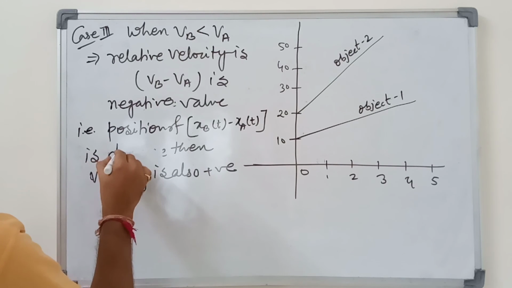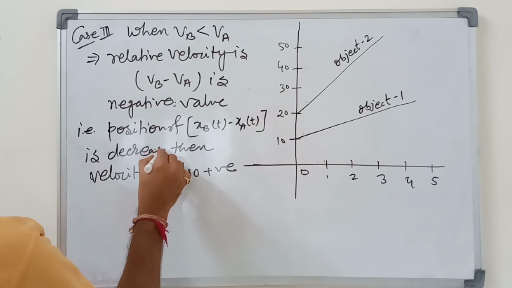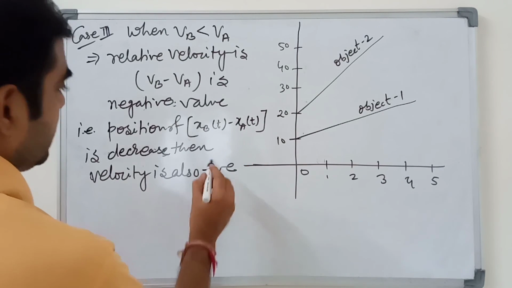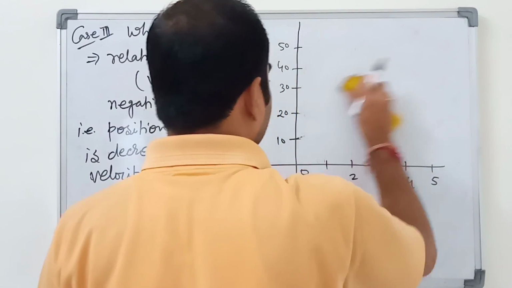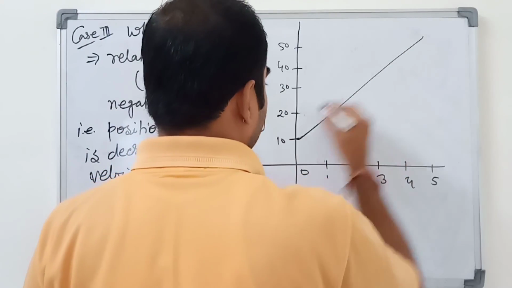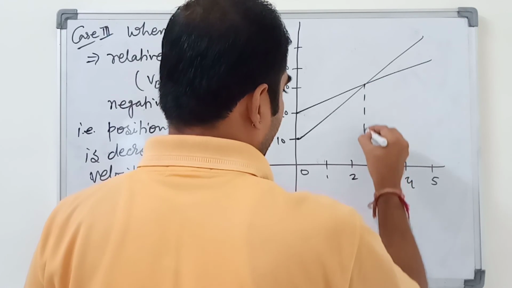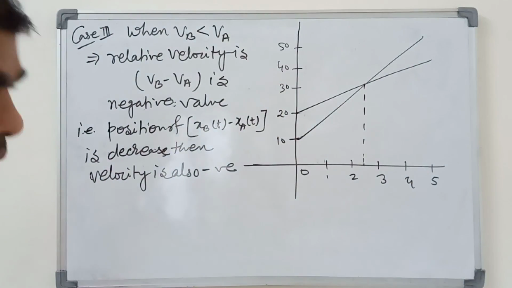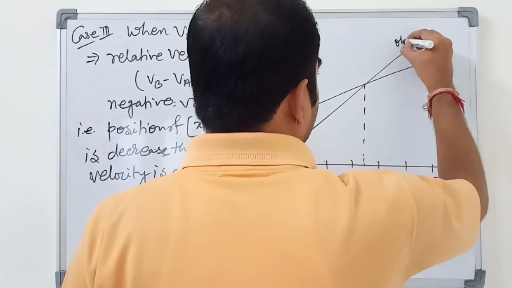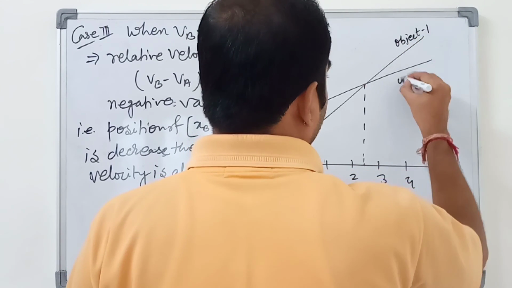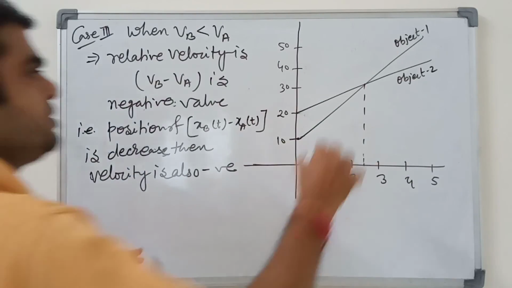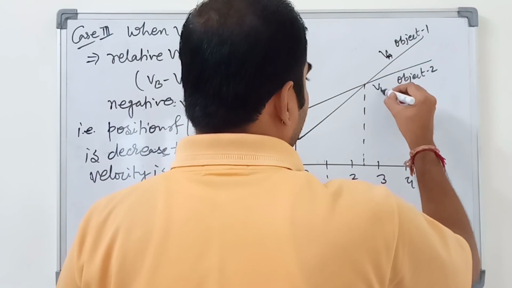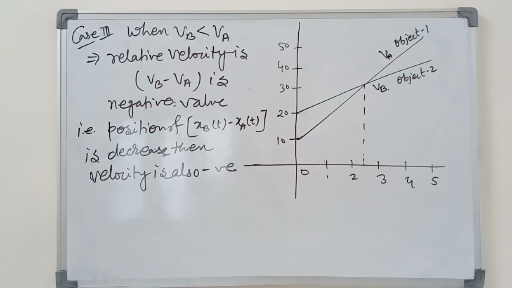Then the velocity is negative, and graphically the two lines cross at that point. Here is object 1 and here is object 2, here is the velocity vA and here is the velocity vB. All students write down.